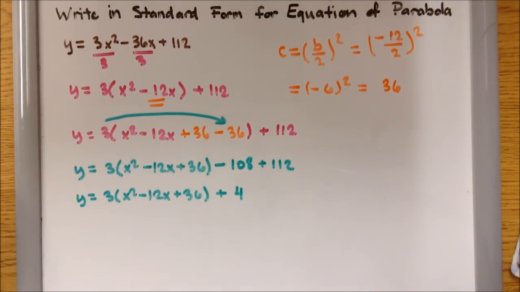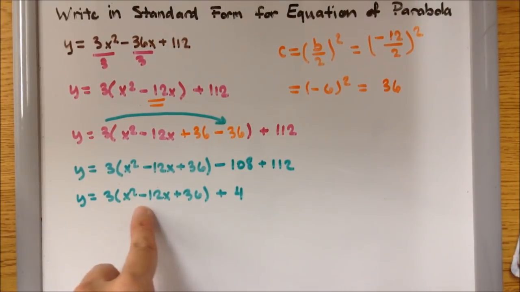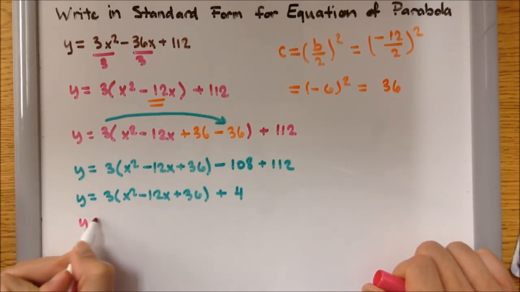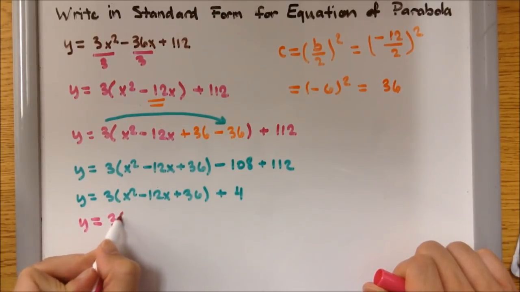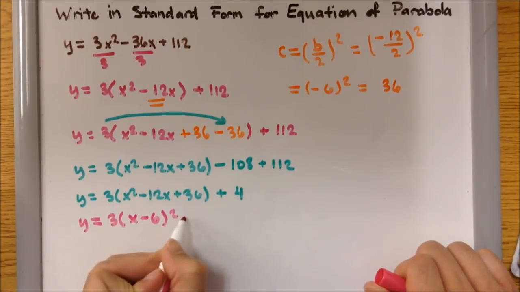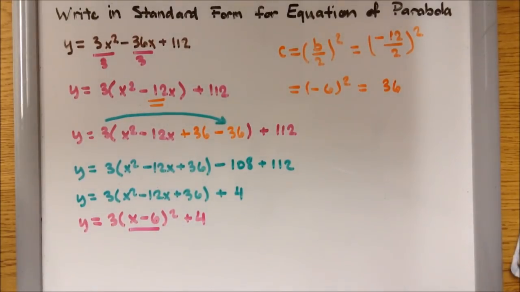Alright, after that, I'm going to factor x squared minus 12x plus 36. This is a perfect square trinomial. When you factor, what you're going to have on the inside of the parentheses will be x minus 6 squared plus 4. So now we have a perfect square binomial.